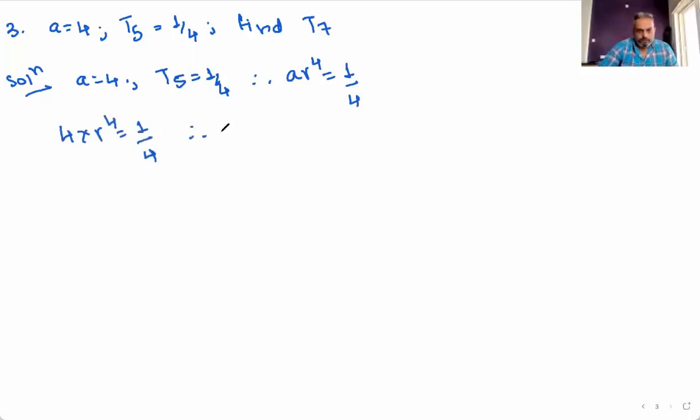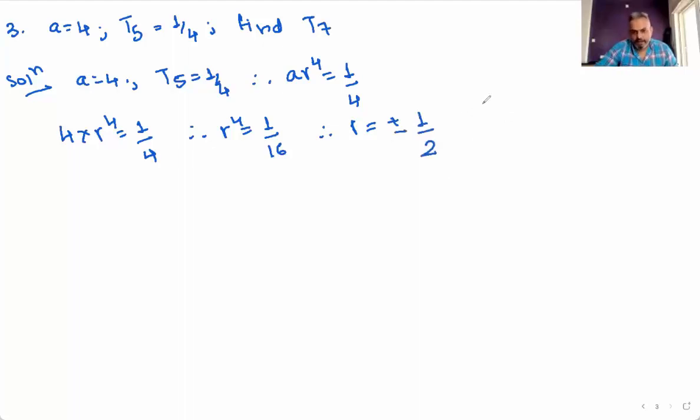Therefore 4 will come here to the right hand side denominator. So R raised to 4 is 1 by 16. So R is equal to plus or minus 1 by 2.